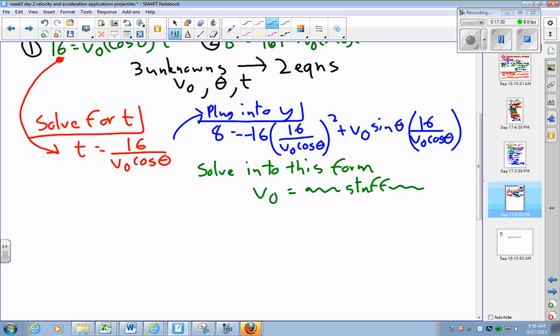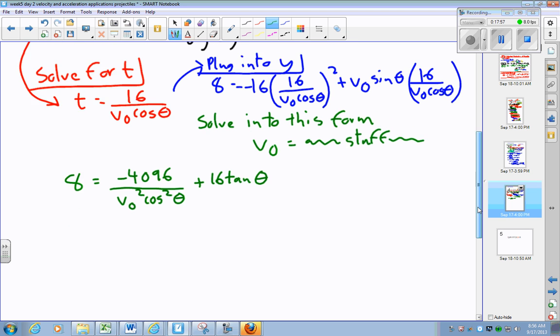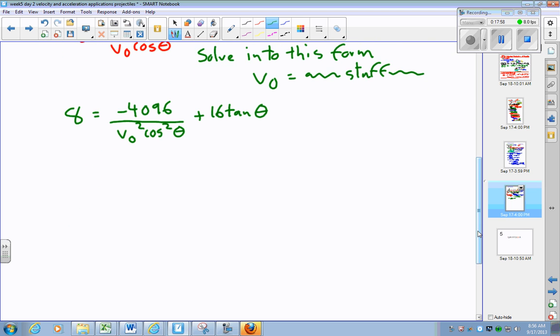First off, let me just simplify some things. So I'm going to say 8 equals 16 squared times the negative 16. I can get that to be negative 4096 over v naught squared cosine squared theta. And the sine theta, cosine theta, they drop to a tangent, and the v naughts cancel. So I got that plus 16 tangent theta. Okay, so that's a start to this.